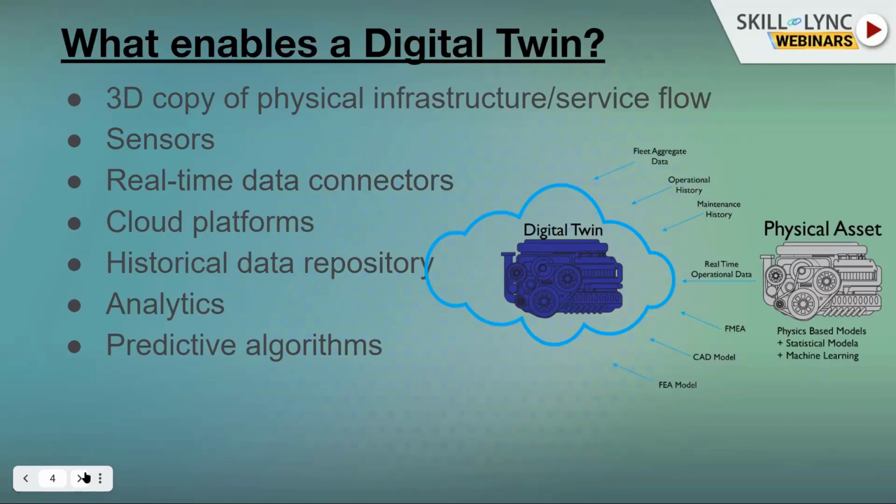The first thing might be a 3D copy of a physical infrastructure or a service flow. For example, it might be just a 3D drawing that you designed on your PC of that particular thing. For the example we took, a car, we have the exact replica of the car in the system. That is the 3D copy of the physical infrastructure, the first point.